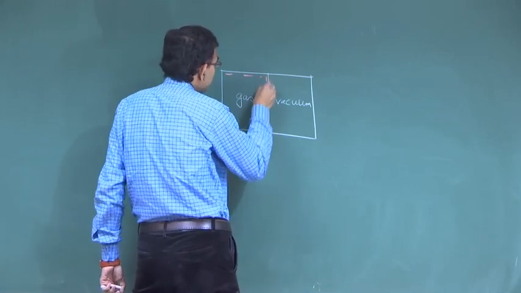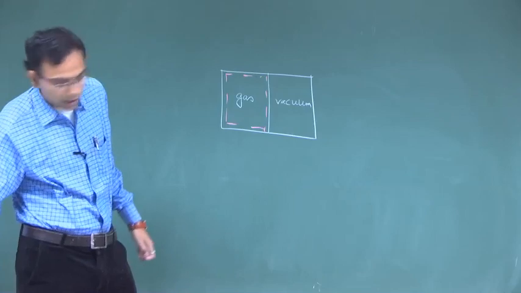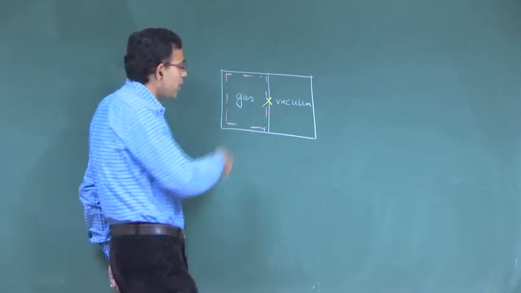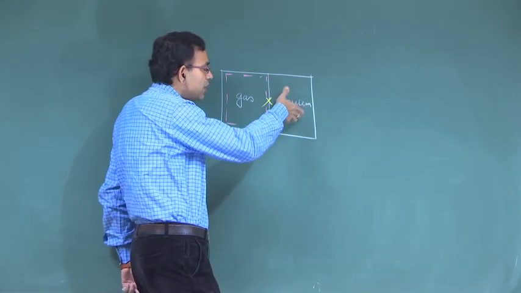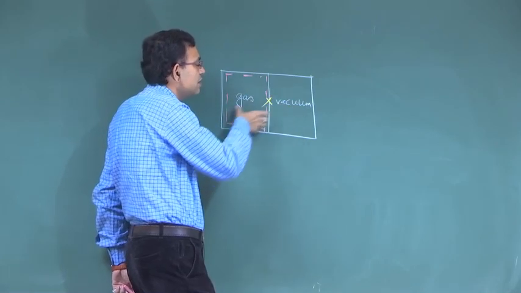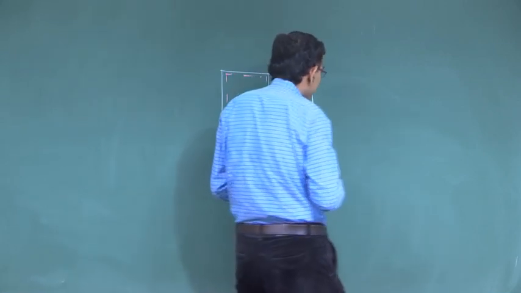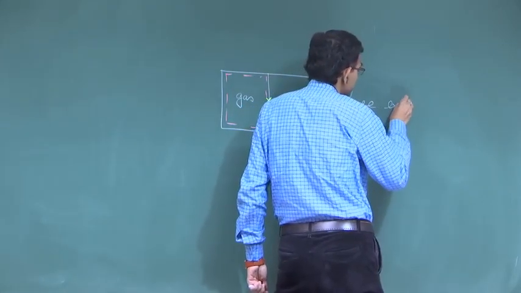Your system is this gas. Now, suddenly you puncture this membrane and very quickly this gas fills up this entire volume. Because there is vacuum, there is no resistance against the expansion of this gas. This is called free expansion or unrestrained expansion.